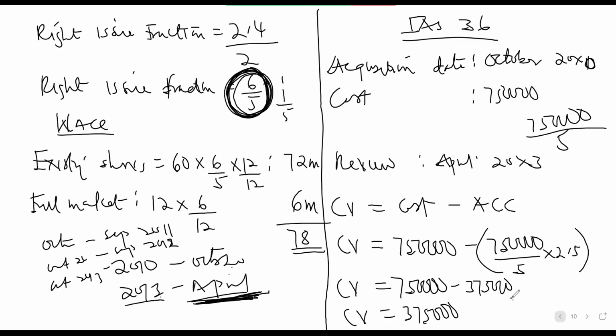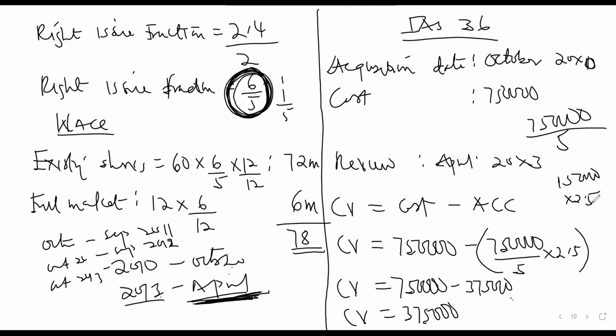So every year will be 150,000. But we have used the asset for 2.5 years already. So we multiply by the 2.5 to know the accumulated depreciation, which will be 375. You take it from the cost, the remaining amount will be 375,000. That is the carrying value of the asset as at the date that the review was done.